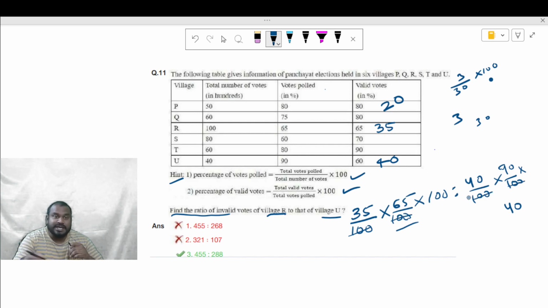Ratio is nothing but A is to B means A by B. So whatever the parameters like this, those get cancelled here also. These hundreds can be cancelled. So now this 0 and this 0 get cancelled. Find out anything else. You can use 7s are, 8.